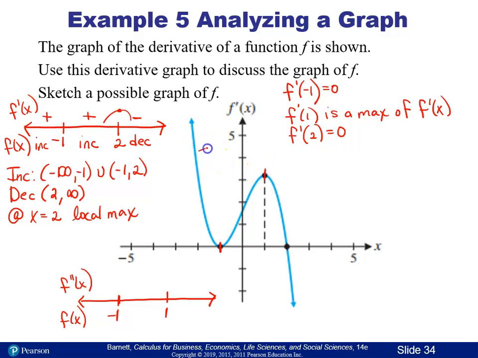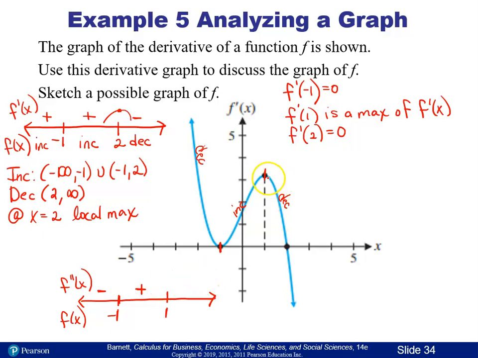So this part of our graph is decreasing. This part is increasing, and this part is, in fact, decreasing again. So if our first derivative is decreasing, that means our second derivative is negative. Here, our first derivative is increasing, so our second derivative is positive.